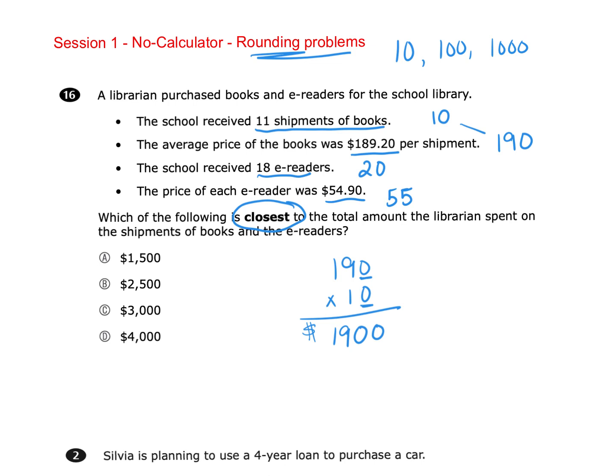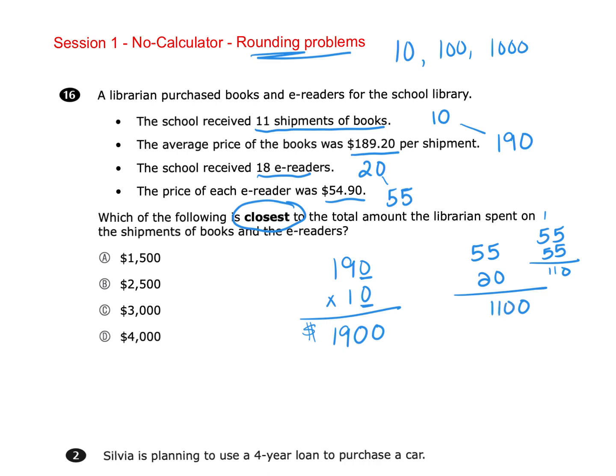Then I'm going to do the same thing with the readers, the number of readers being 20, and the price of each reader being $55. So I'm going to do 55 times 20. Now the 0 just becomes part of the answer, and then I'm just going to multiply 2 times 55, or add 55 plus 55, and double it. 5 and 5 is 10, carry the 1, that's 110.